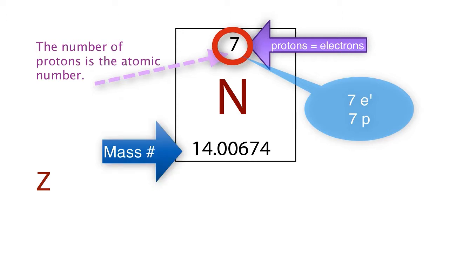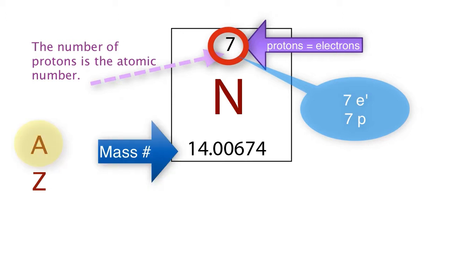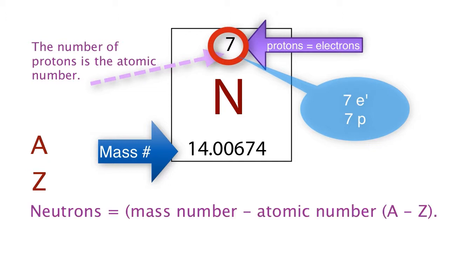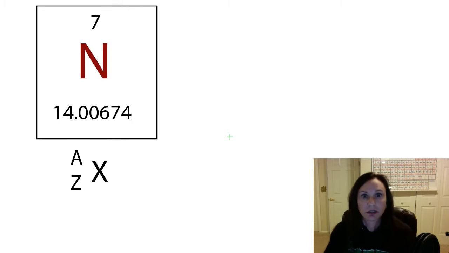The mass number, represented with an A, is the total number of neutrons and protons present in the nucleus of an atom of an element. The number of neutrons in an atom is equal to the difference between the mass number and the atomic number, or A minus Z. We will now write the number of protons, neutrons, and electrons for nitrogen.